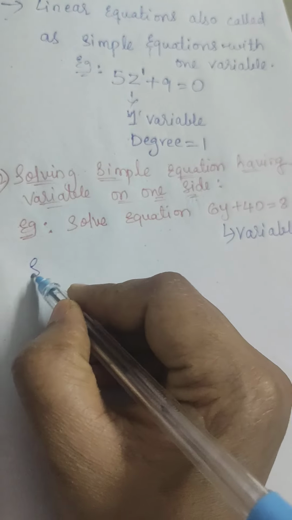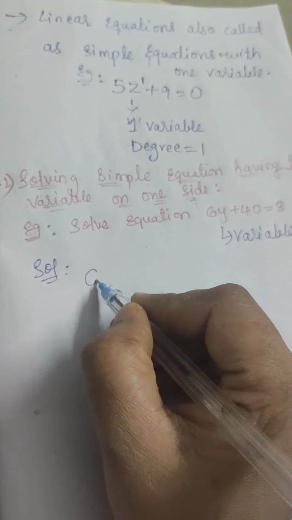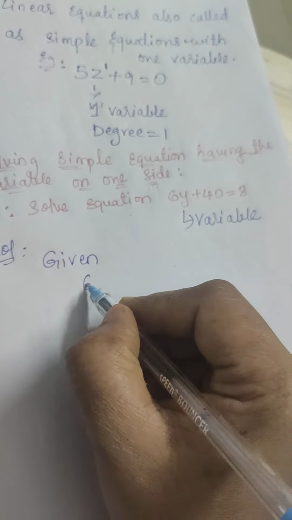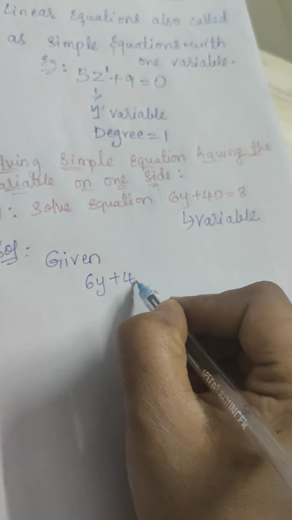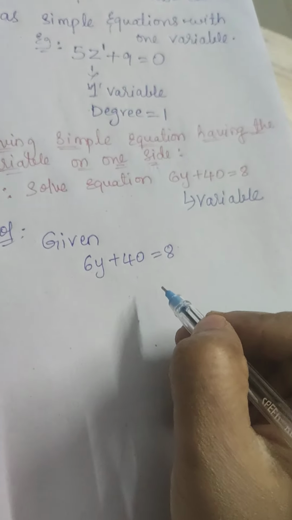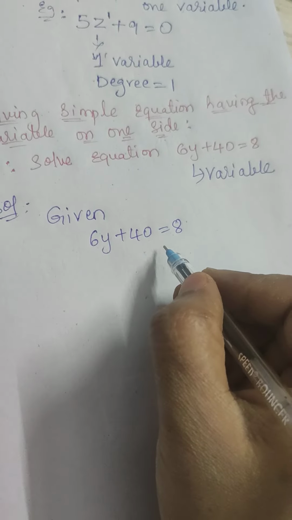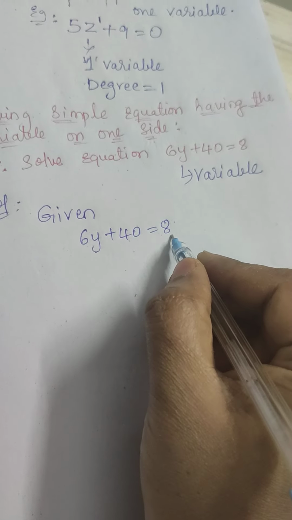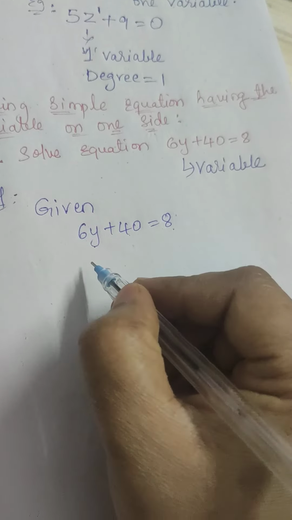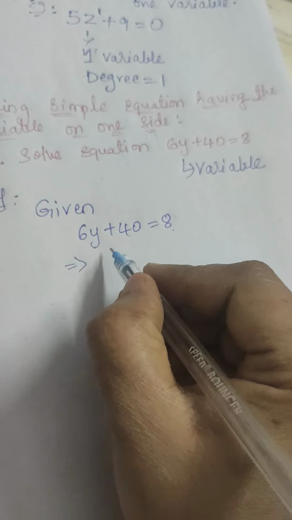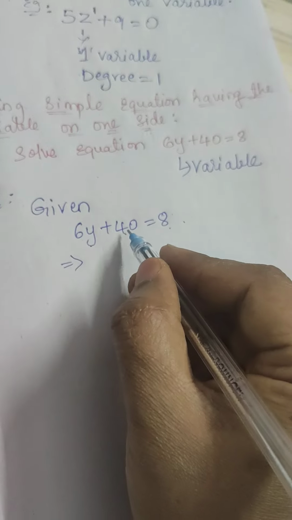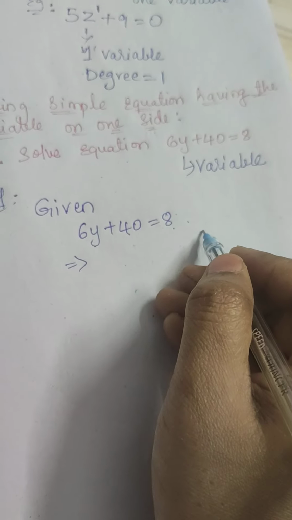Let us start doing the solution. Given 6y plus 40 is equal to 8. In this, y is the variable, 40 and 8 are the constants. This implies, if I take 40 to the RHS, that is I am transposing 40 to the right hand side.